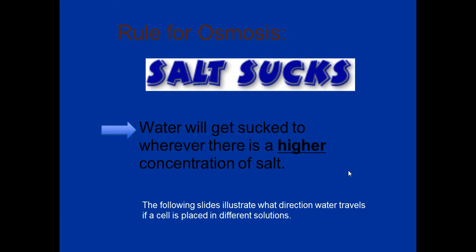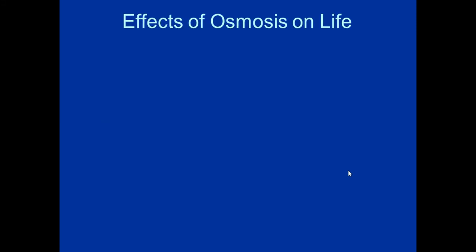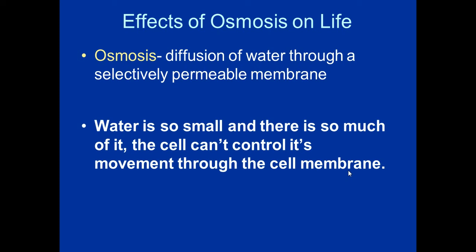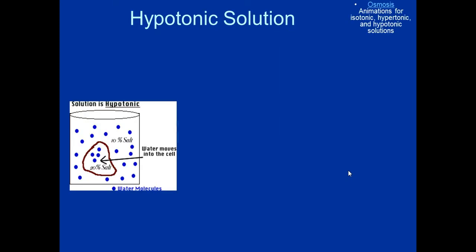Water will get sucked to wherever there is a higher concentration of salt. Following slides illustrate what direction water travels if a cell is placed into areas with higher levels of salt. Remember, water is so small and there's so much of it that the cell doesn't control where it goes.